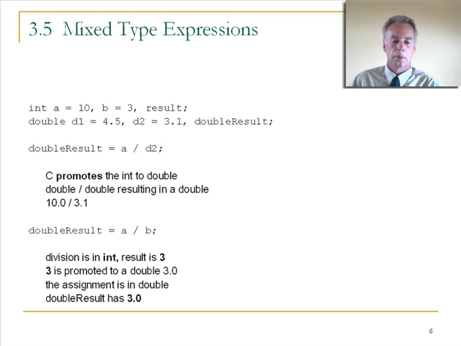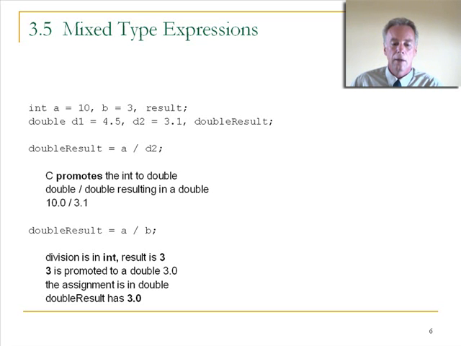In this one, we have double result gets A divided by D2. So A has 10, D2 has 3.1. Now we have an int divided by a double. There is no division operator that can work with an int and a double. So C has to make a decision of which data type to use. C will always choose to make a promotion.